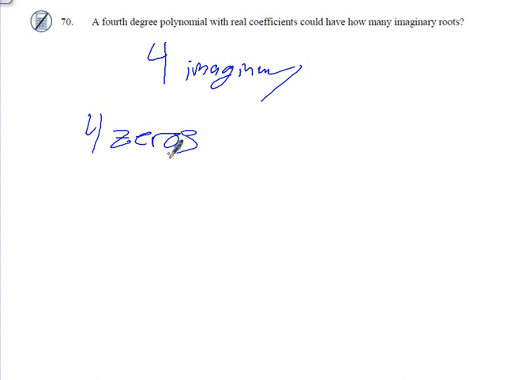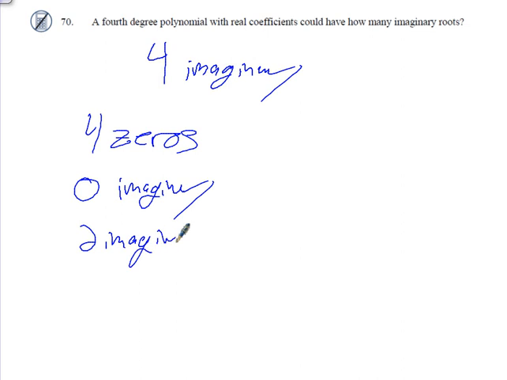But those 4 zeros, if we have 2 sets of imaginary numbers, they could all be imaginary. So we could either have 4, if the 2 sets, we could have 0 imaginary, or we could have 2 imaginary and 2 real.